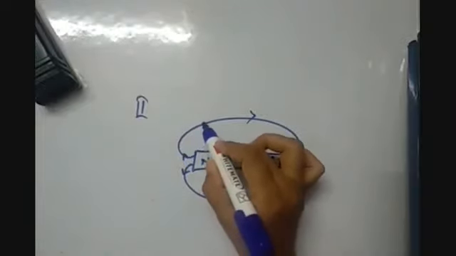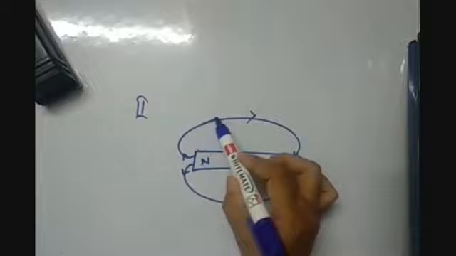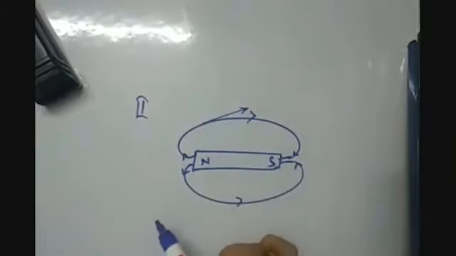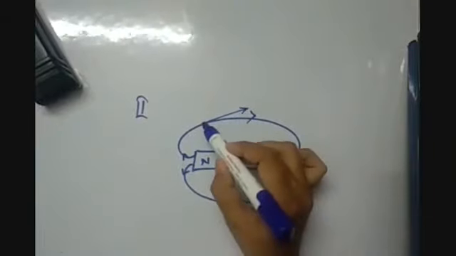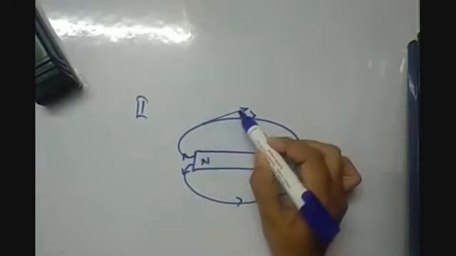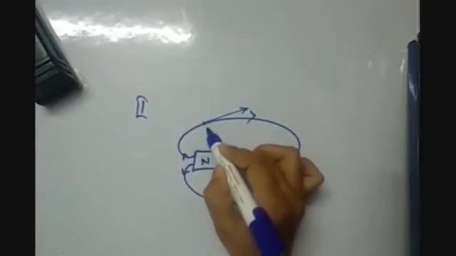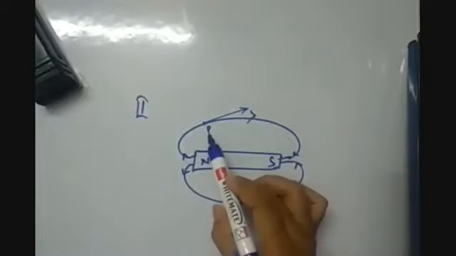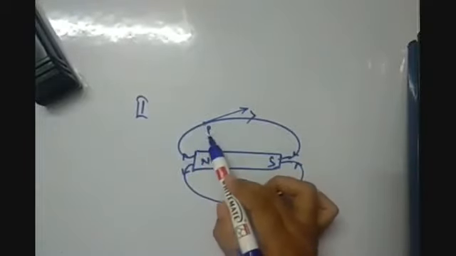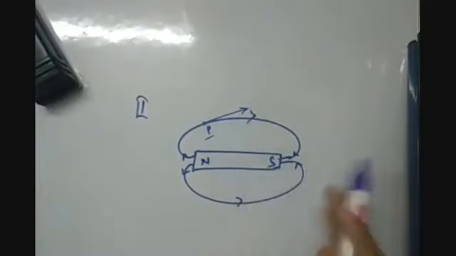Let's say this is the point and I draw a tangent at this point. So this tangent will give me the direction of the magnetic field at this point. Let's say it is P. So the direction of magnetic field at this point is towards south.